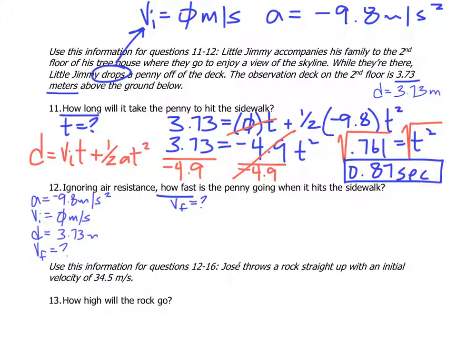Now, we could use the time that we just calculated to figure out how fast it's going, but like I presented in class, if you aren't sure whether your answer is correct, and you plug an incorrect time into your equation, then you're also going to get another incorrect answer.